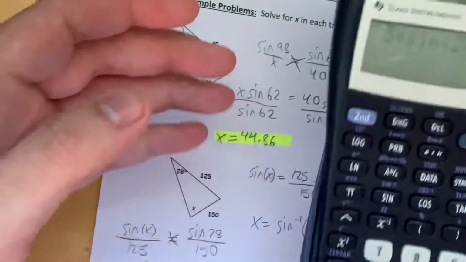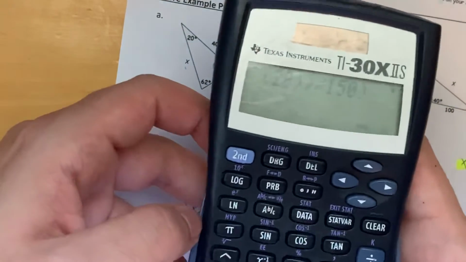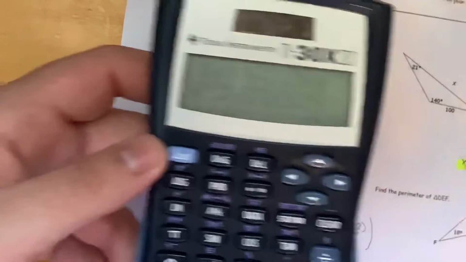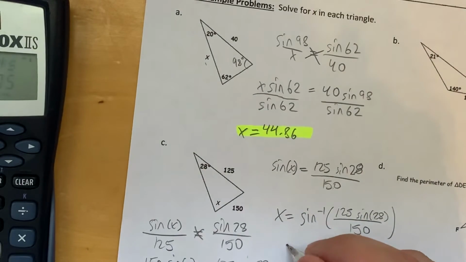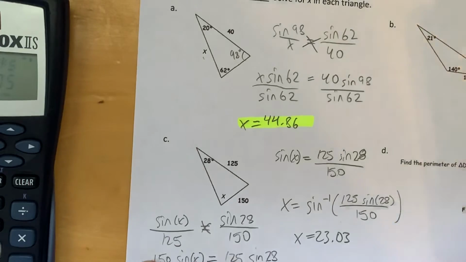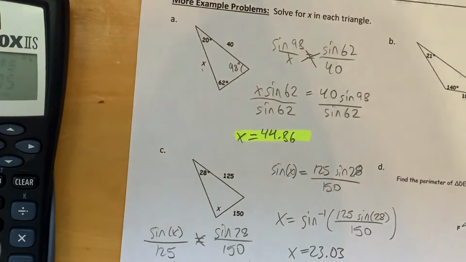Another parenthesis to close the numerator, divided by 150. And then I'm closing the inverse sine function. And I get 23.03. Gonna bring out my trusty highlighter, highlight the answer.